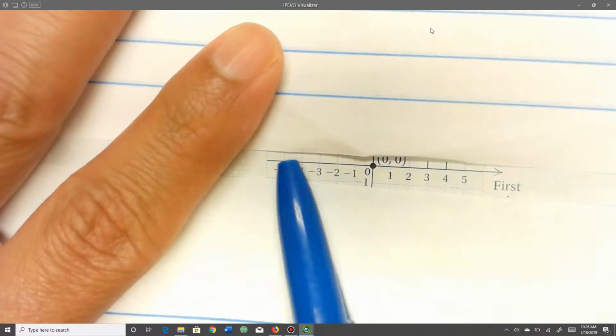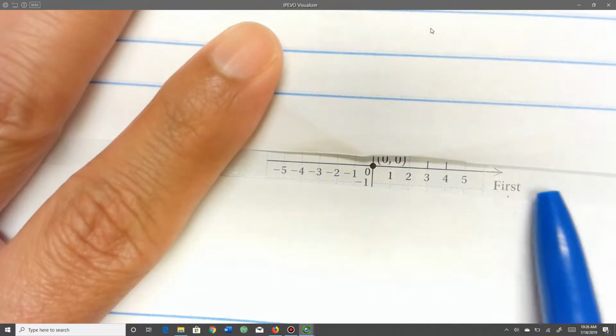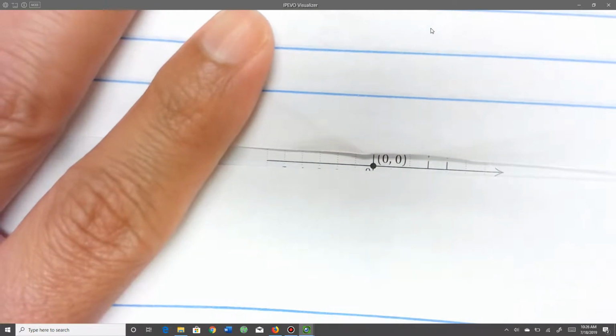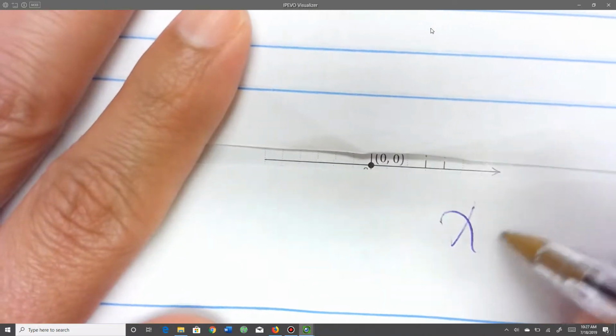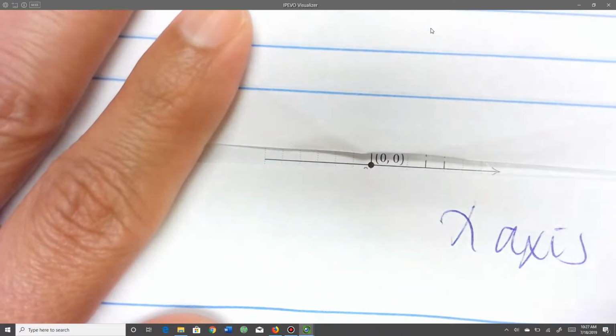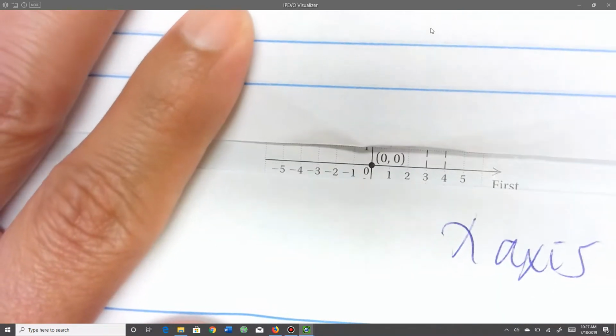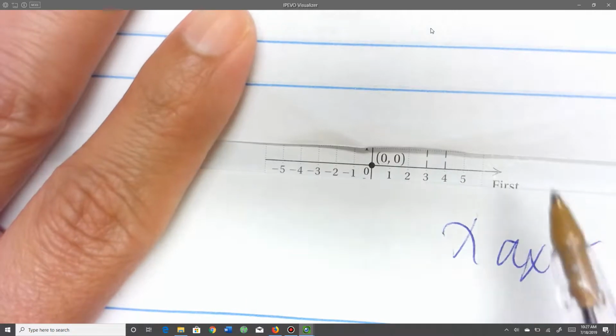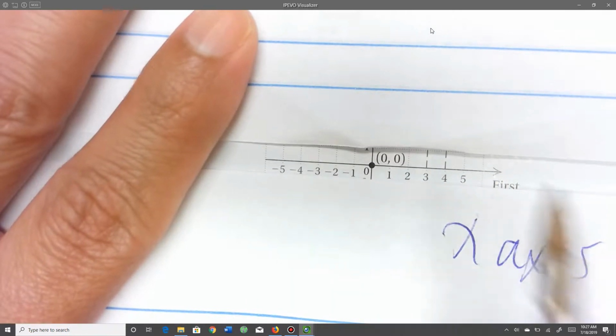In the case of graphing, the number line that you're used to is called the x-axis. X-axis. Okay, and you need to know about that name now. That's the x-axis.